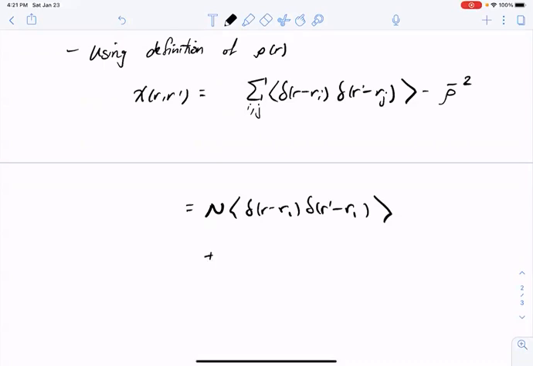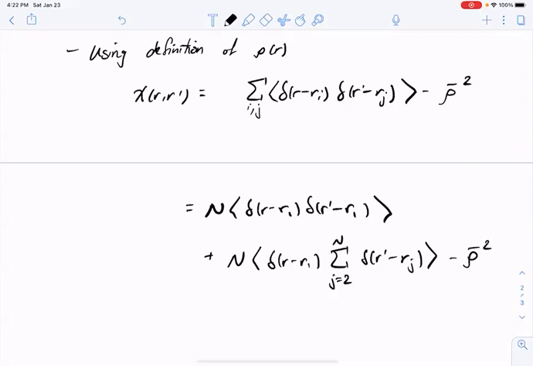In addition, I have n times delta of r minus r1, all of the terms not equaling r1. So j from 2 to n, delta of r prime minus rj, averaged, and then our mean density squared again.